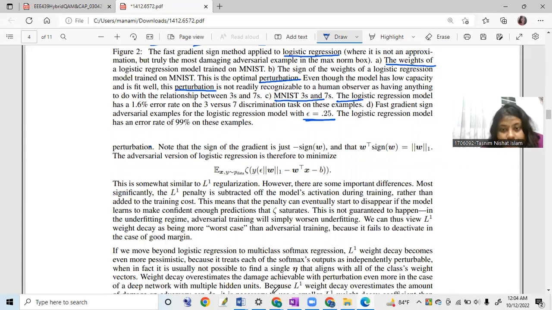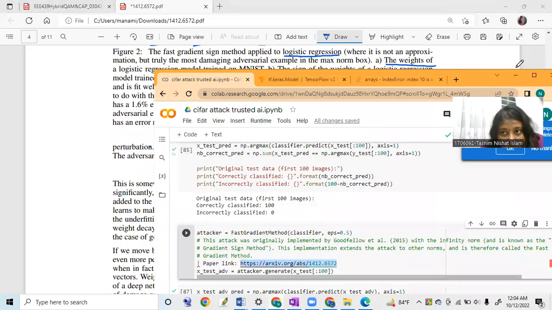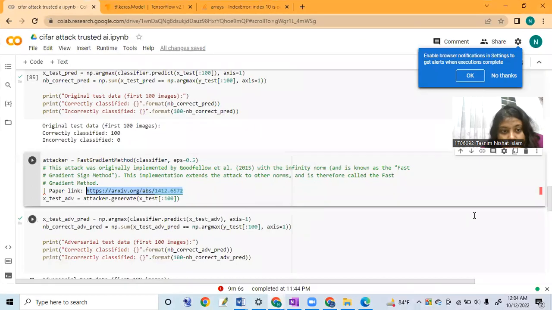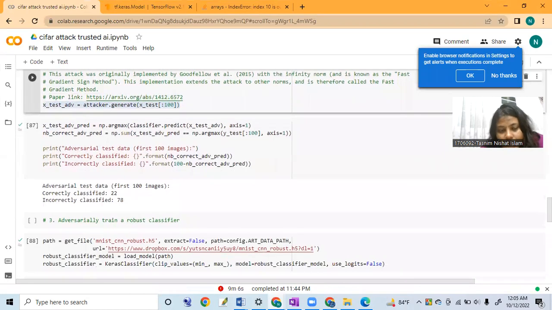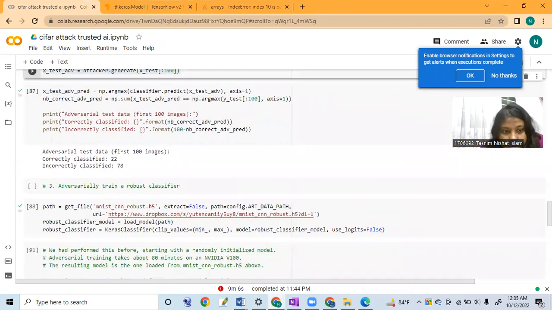And here, my code: it generates the attack. It generated the adversarial example, and then we predicted and it was not classified properly.